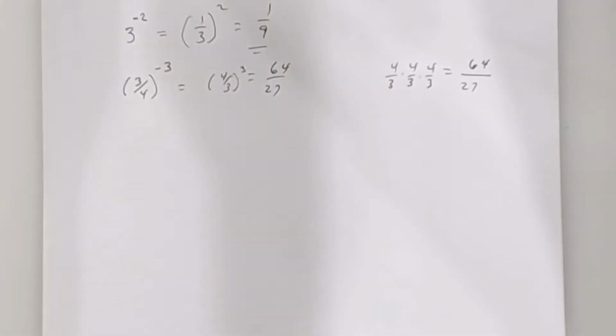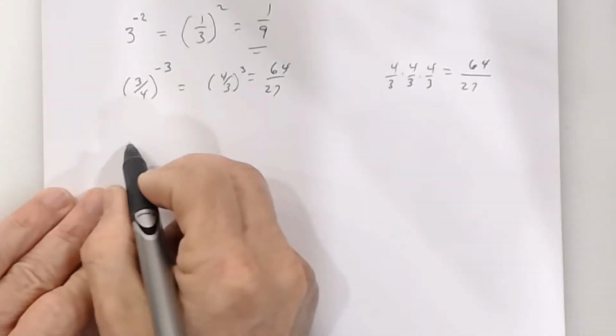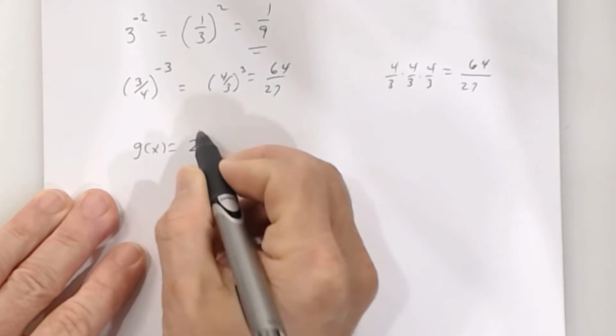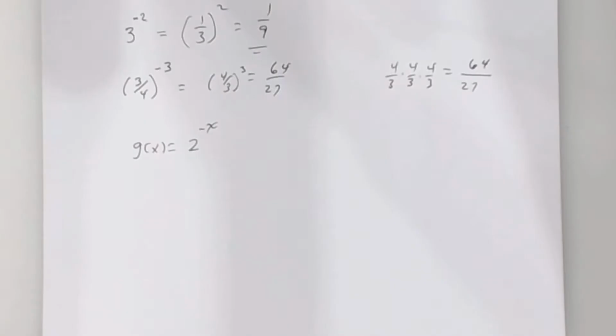27. All right, now, if I have the function g of x equals 2 to the negative x. Now, on that in-class worksheet you had yesterday, I asked you whether that function was increasing or decreasing. So in this particular case, g of x, is this an increasing function or a decreasing function?